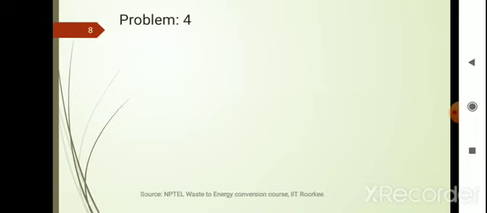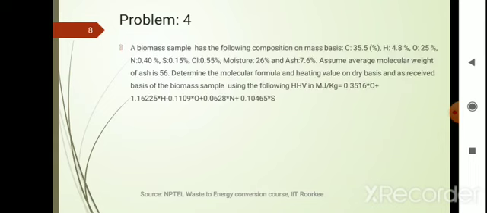Now moving on to another, last problem. This is problem 4. A biomass sample has the following composition on mass basis: carbon 35.5%, hydrogen 4.8%, oxygen 25%, nitrogen 0.4, sulfur 15 percentage, so not 15, 0.15 percentage only, chlorine 0.55 percentage, moisture is 26 percentage, ash 7.6.